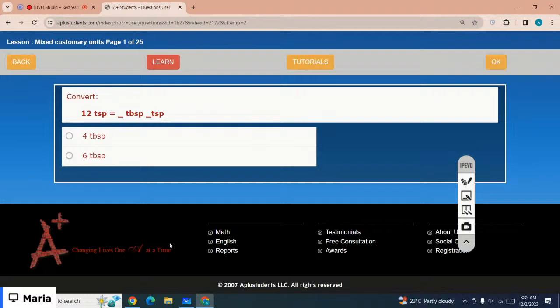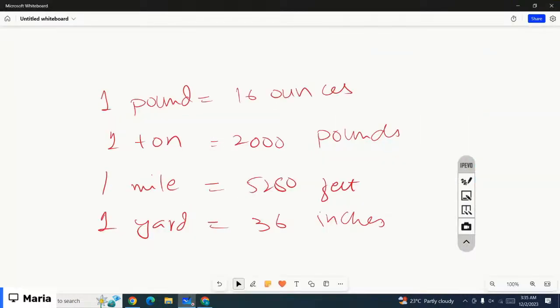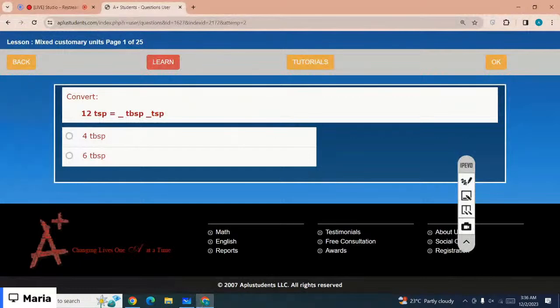Okay, you have to convert 12 teaspoons to tablespoons. 1 tablespoon is bigger than a teaspoon, so 1 tablespoon equals 3 teaspoons.